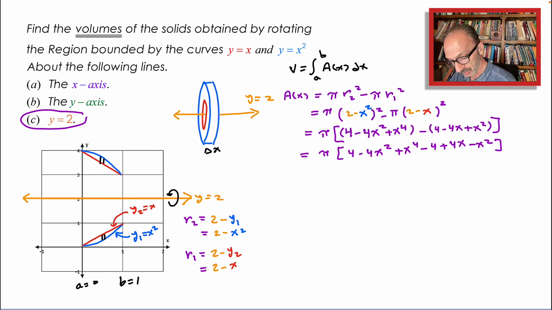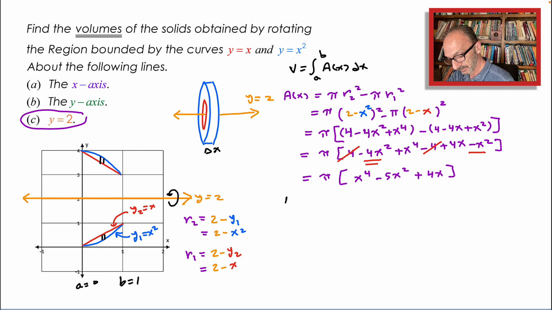I do have the 4 and the minus 4, and these two will be combined. Minus 4x to the second minus x to the second will make it minus 5x to the second equals pi. Let's put them in descending order. I have x to the 4 minus 5x to the second plus 4x. That is my A of x.